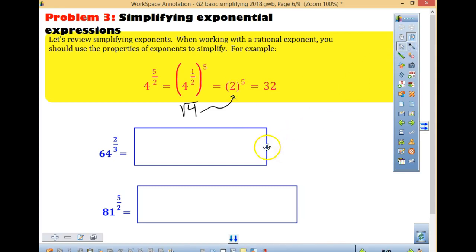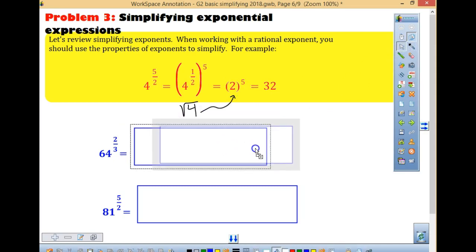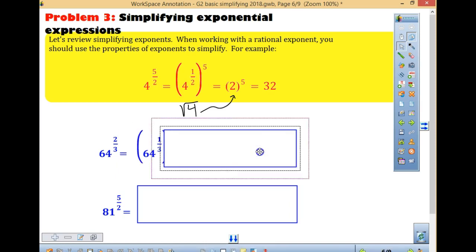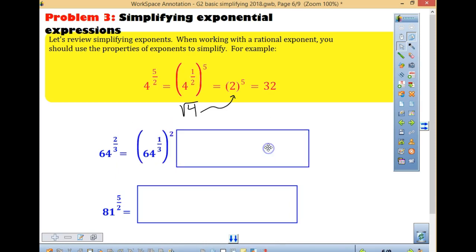So if we are looking at this next one, 64 to the 2/3, we're going to rewrite it as 64 to the 1/3, and we're going to put it to the second power. Does that make sense? We're going to go 64 to the 1/3, that whole thing to the second power. If you're not sure, still write it down. 64 to the 1/3 simply means the cube root of 64.